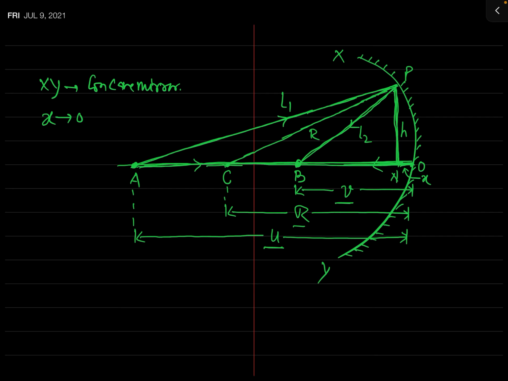I have shown that the length of this ray AP is equal to L1, and PB is equal to L2. And since these two paths are contained in the same medium, for simplicity I am considering that this medium is either vacuum or air, so the refractive index will be equal to 1. So the optical path covered by the light ray traveling from A to B will be simply equal to AP plus PB, and that will be equal to L1 plus L2.